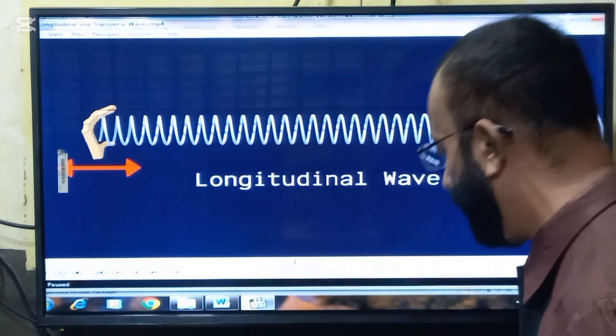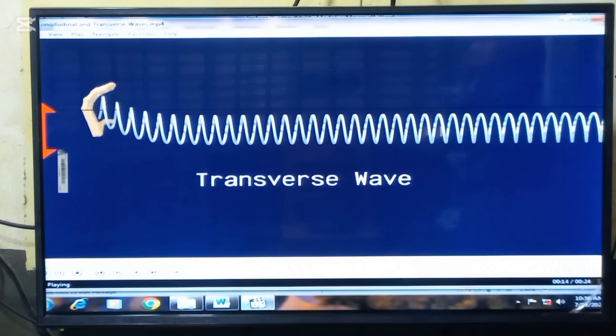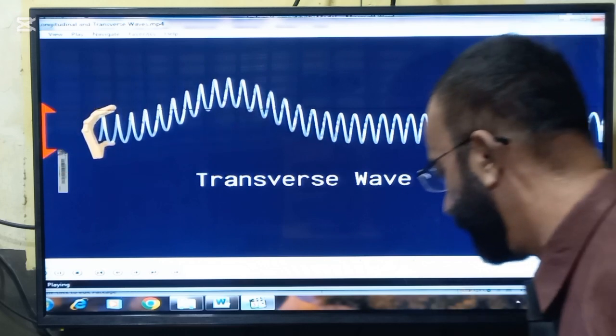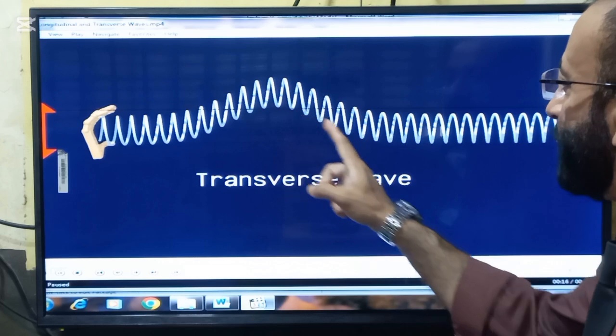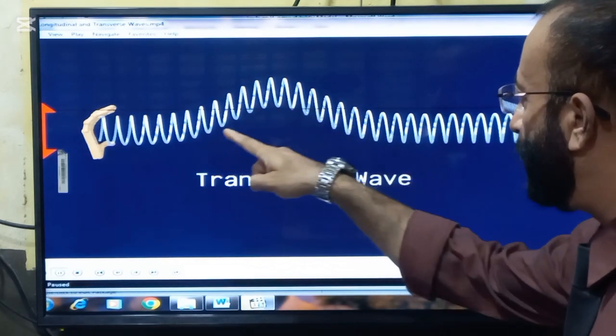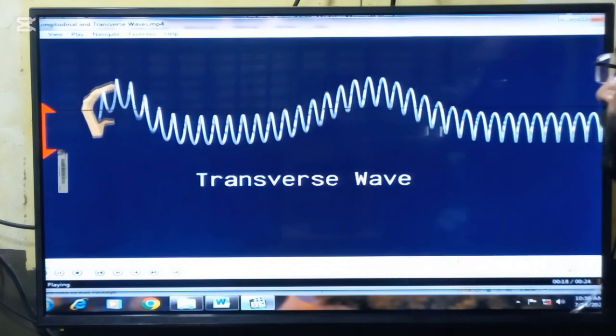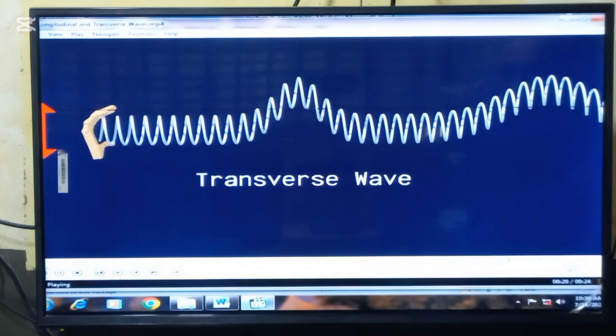This is a longitudinal wave. Whereas in transverse waves, the particle's motion is at right angles to the direction of the wave, perpendicular to the direction in which the wave travels.